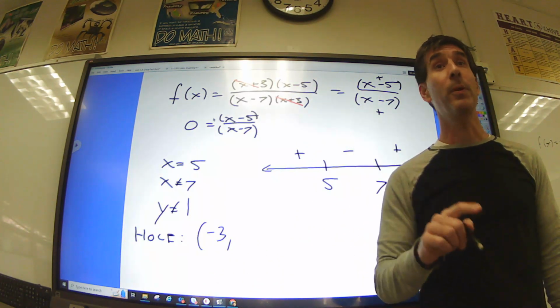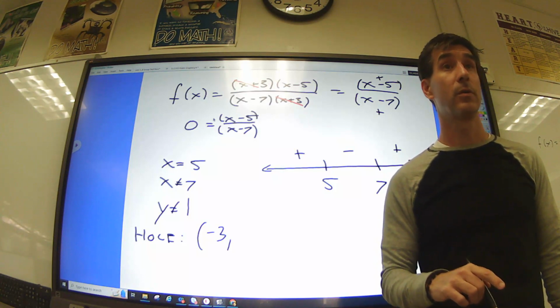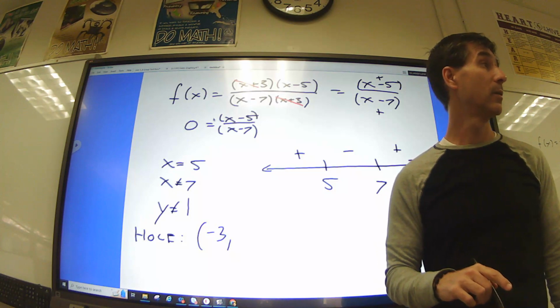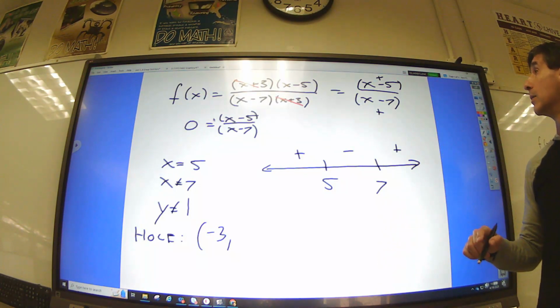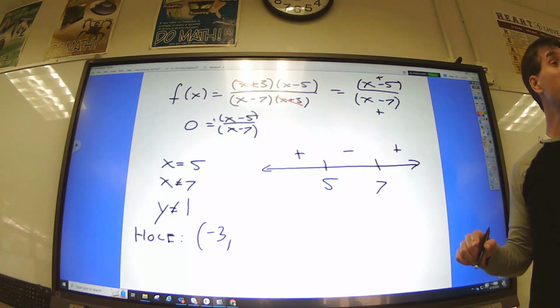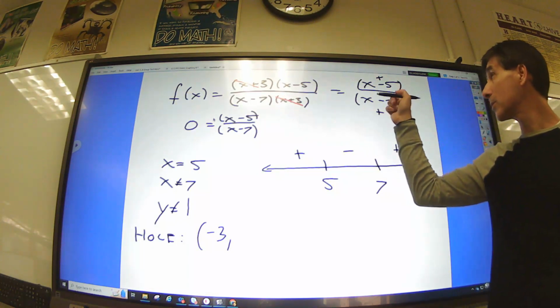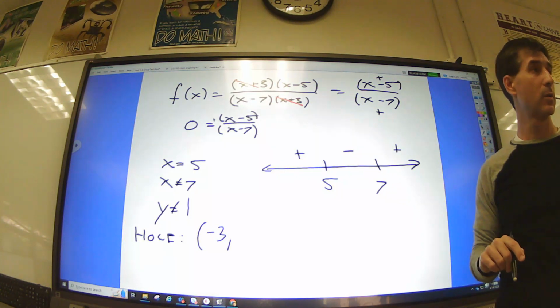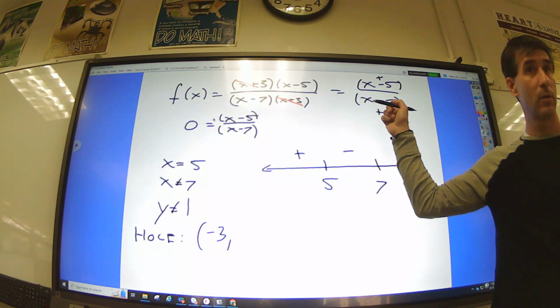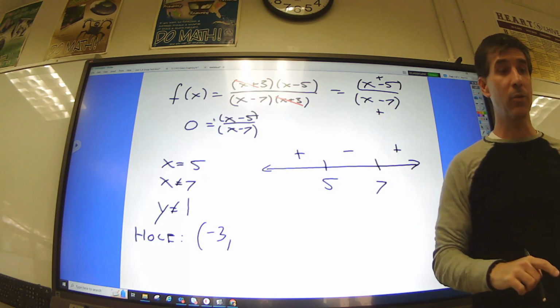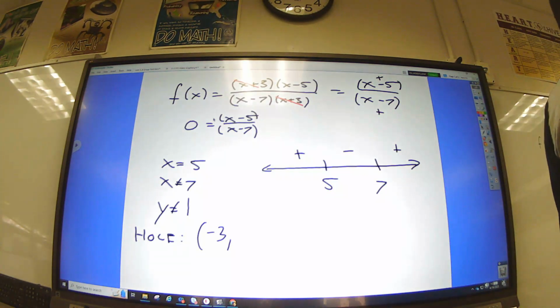But what do I plug negative 3 into? I'll give you a choice. This equation or this equation? Which one? This one. Plug in negative 3. Go ahead and plug in negative 3, see what you get. That'll give us the hole.